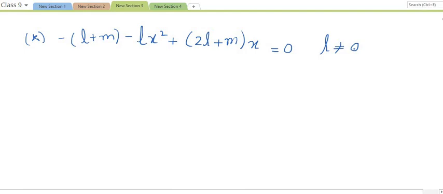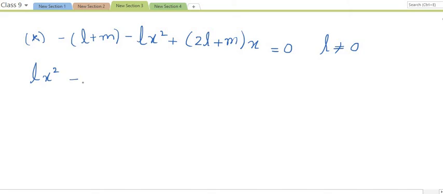Okay, just compare the variables. There is a coefficient of x square, a coefficient of x, and also a constant term. You just need to make it simple for your convenience. Just multiply the whole term with a minus sign or shift all the terms to the right to make this positive. Clear?